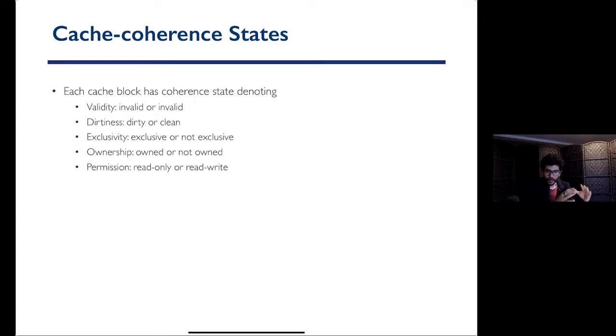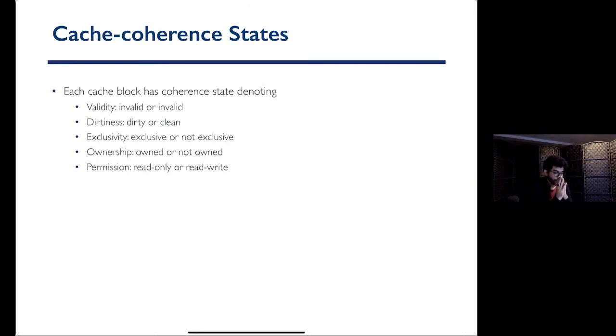So again, high level, you want each memory address to have a state. So you want to define a state for each memory location. Now, what is that state? This state, again, high level, should be either valid.